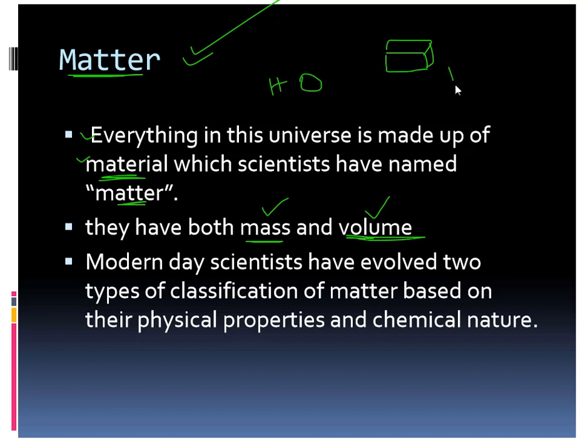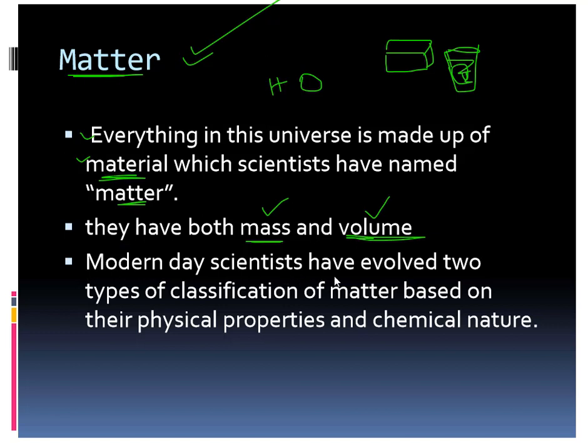Suppose you take a glass of water. If you pour water inside the glass, it will occupy some volume within the glass and it will have a certain mass. So anything that has mass and occupies volume can be considered as matter. Whatever exists in the universe is matter.